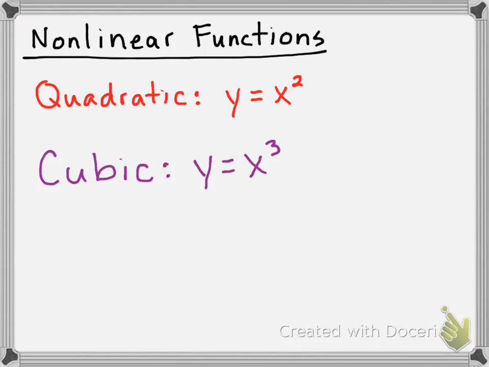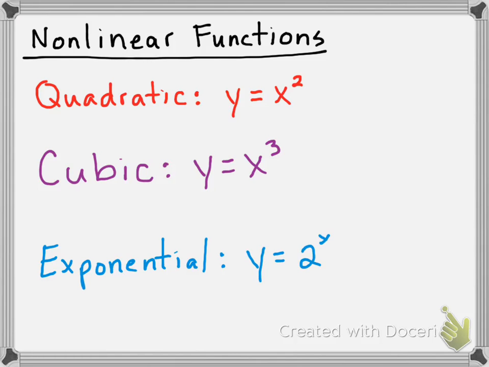The next is called cubic. And that's when you have an x cubed, or x to the third. And then the third is exponential. That's when you have some number raised to the x power.